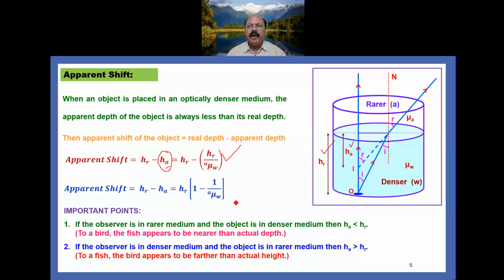Similarly, second point, if observer is in the denser medium and object is in the rarer medium, then in that condition the apparent depth is greater than the real depth. For example, to a fish, the bird appears to be farther than its actual height. So these 2 points you have to remember when you solve numericals as well as some conceptual problems.